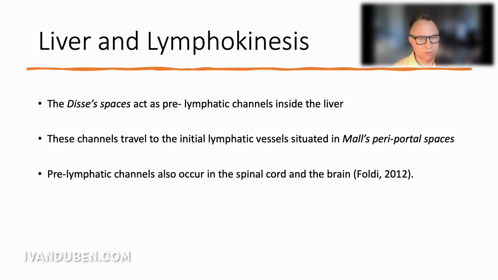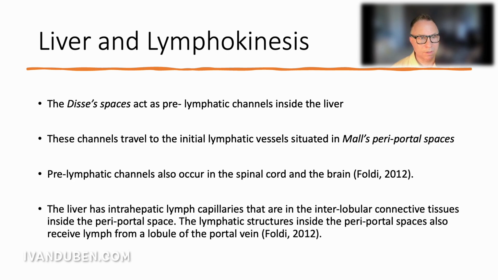Pre-lymphatic channels also occur in the spinal cord and in the brain. The liver has intrahepatic lymph capillaries that are in the interlobular connective tissues inside the periportal spaces. The lymphatic structures inside the periportal spaces also receive lymph from a lobule of the portal vein.